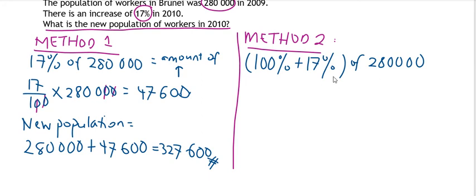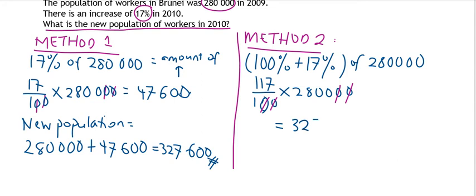Here is 117 over 100, and then you multiply with 280,000. When you cancel the zeros, you will straight away obtain 327,600 people. So that's the new population, right?